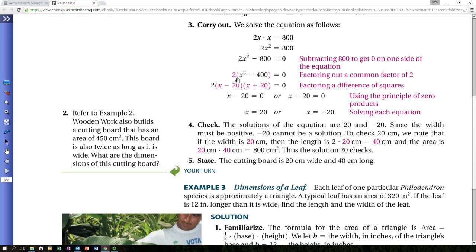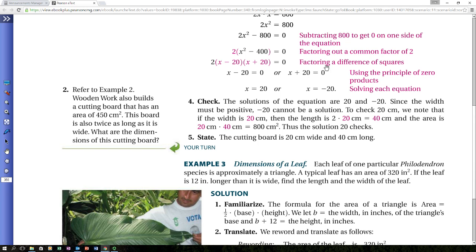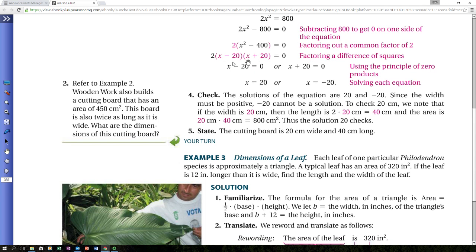And I get 2 times the quantity x squared minus 400. Well, x squared minus 400 is difference of squares. So I can recognize that, factor that to be x minus 20 and x plus 20 in my binomials, right? So I do factoring difference of squares, and I check, is there anything else I can factor?